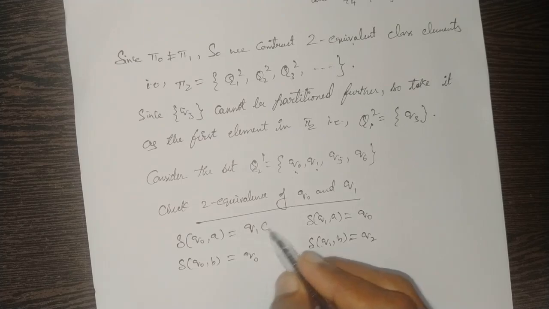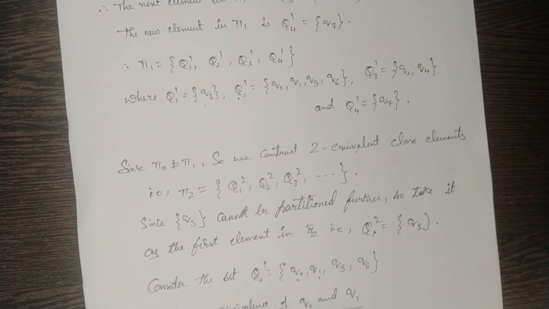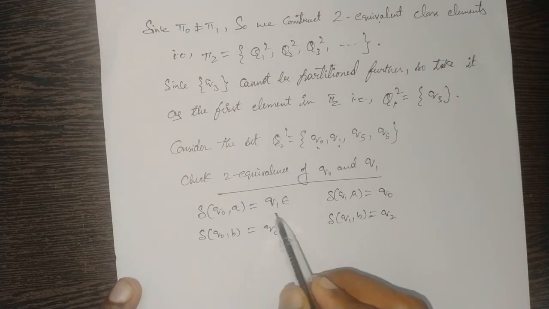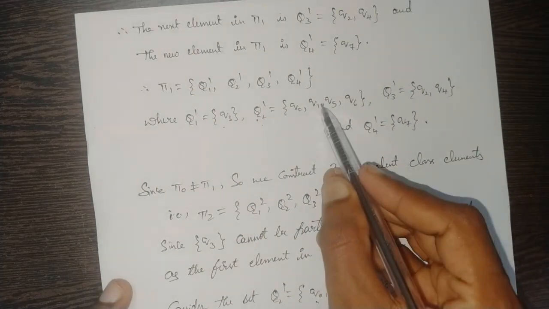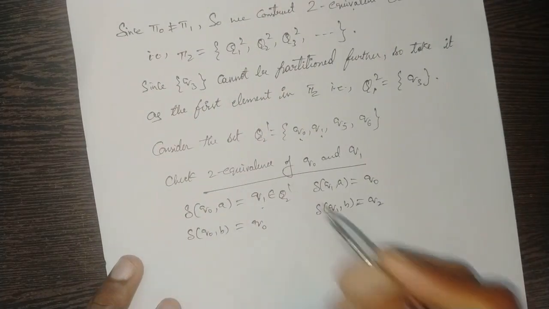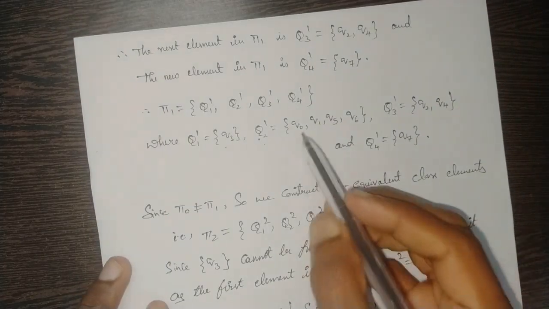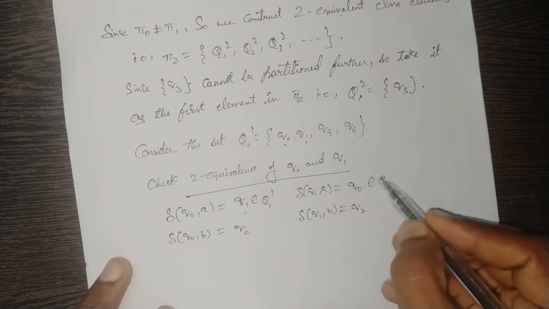Here Q1 belongs to Q2 dash, and Q0 belongs to Q2 dash.